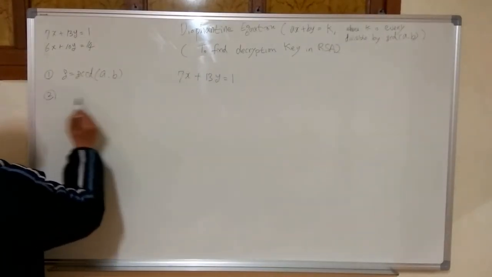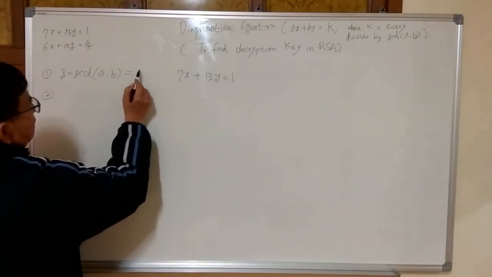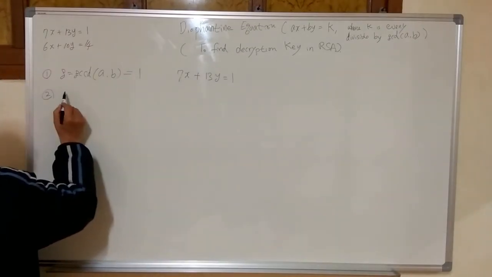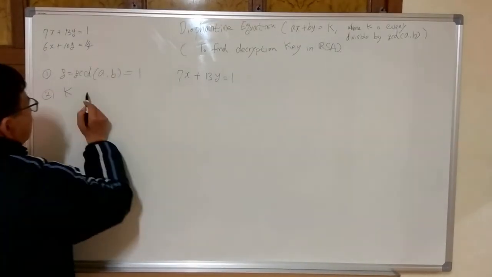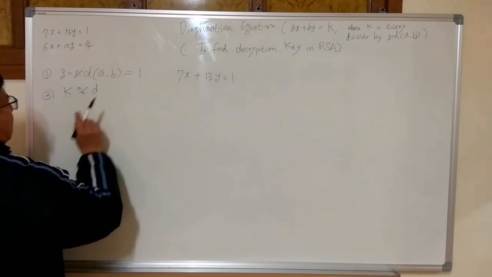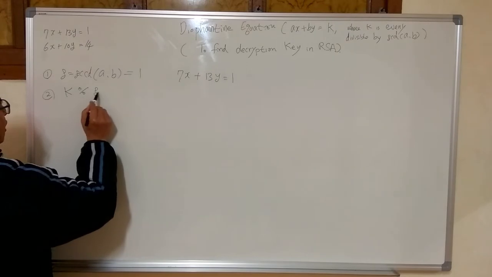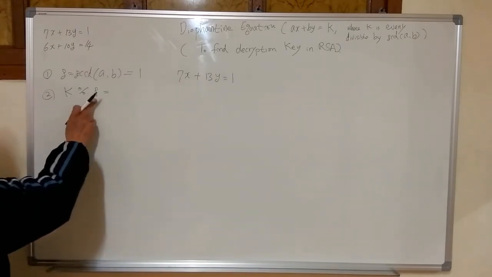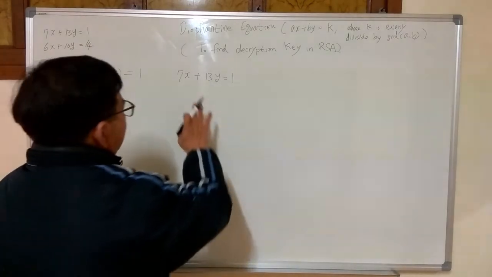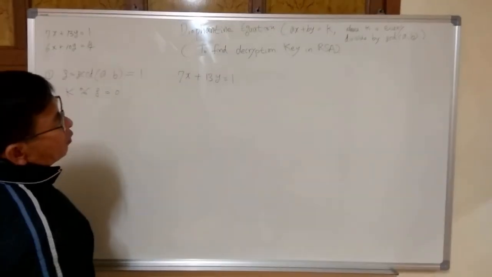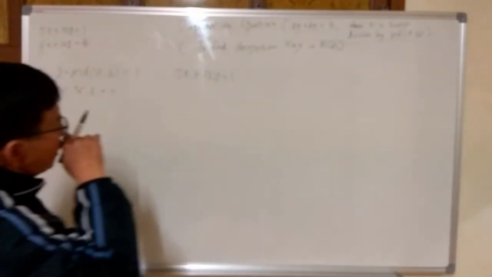And second, K, in this case 1, should be divisible by G, in this case 1. K is 1 and should be divisible by G, which means the remainder of K divided by G should be 0. So since this satisfies all criteria, this condition, we can now solve it.